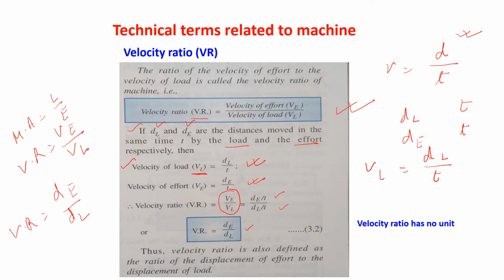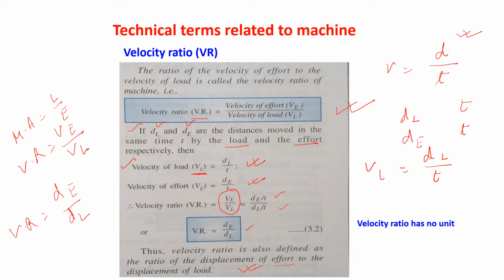In another way, the velocity ratio is the distance traveled by the effort by distance traveled by the load in a particular time. Thus, velocity ratio is also defined as the ratio of the displacement of effort to the displacement of load.